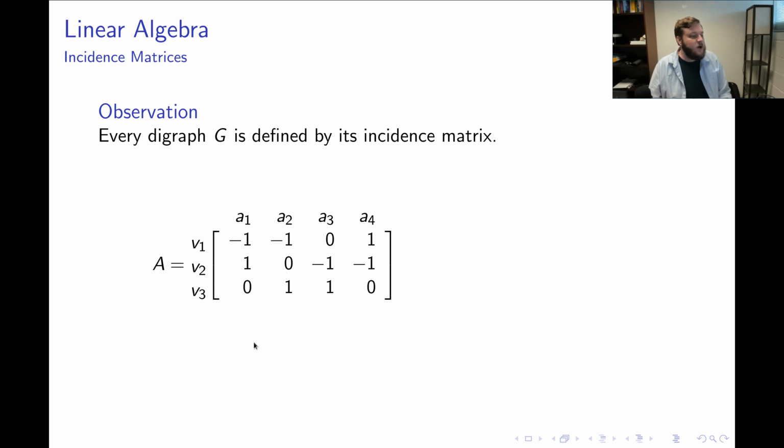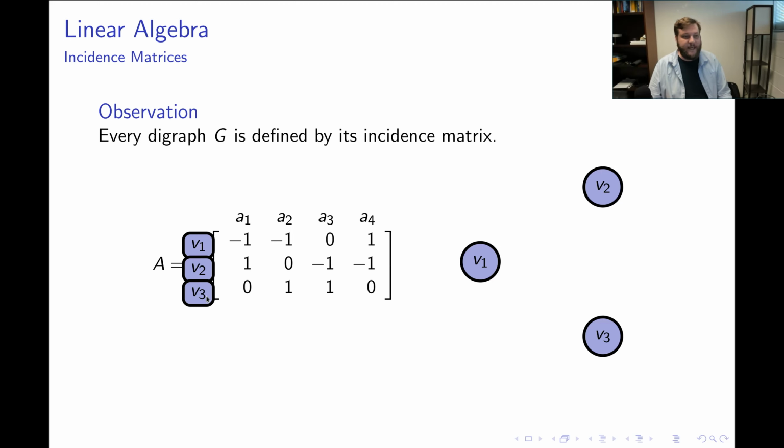The first thing to note here is that my incidence matrix has 3 rows labeled by V1, V2, V3. What that means is that the directed graph I'm studying will have 3 nodes, V1, V2, V3. So now all we need to do is go column by column and figure out how all of our arrows point between these nodes.